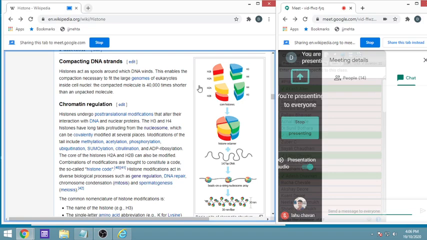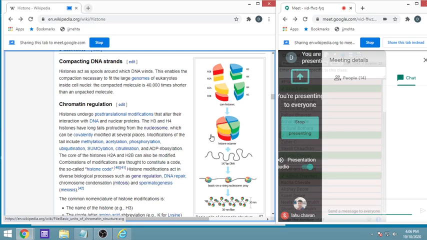We have different colors for these, and you can see how they are arranged. H2B is red, H2A is yellow, H3 is blue, and H4 is green. They are like a mirror image. If red is at top, then it will be at the bottom also, and accordingly these 4 have come together, and thus the dimers and octamers are there.